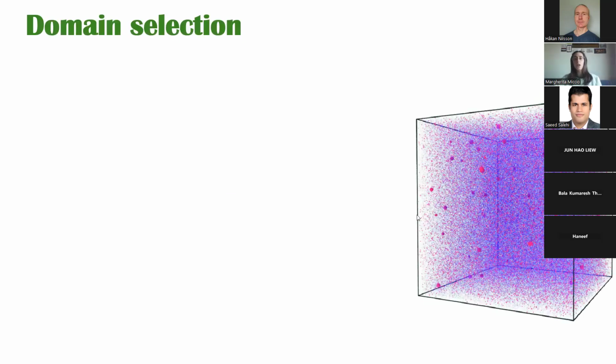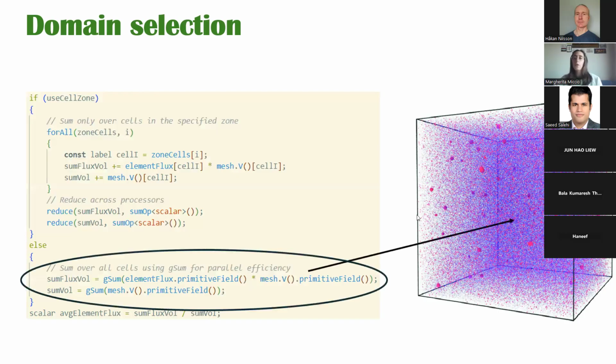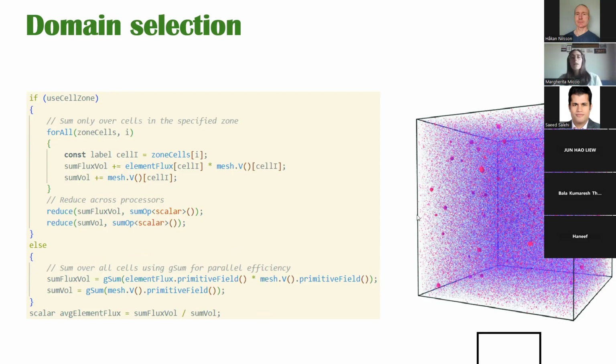Now, we can also decide where we need to apply this element flux utility. We can decide either to apply it on the whole domain by summing and averaging all the element fluxes all over the domain, but we can also decide to apply it in a small part of the domain by selecting it, and the user needs to give to the post-process utility this information, so where this needs to be applied.